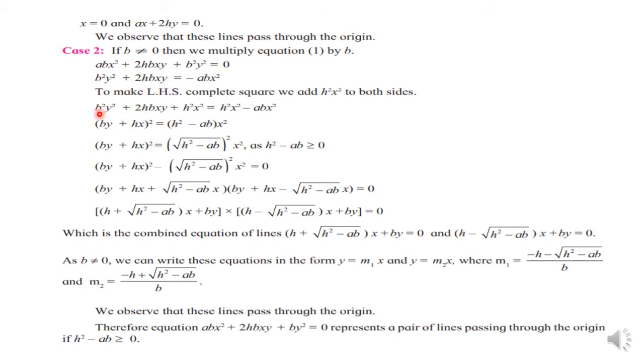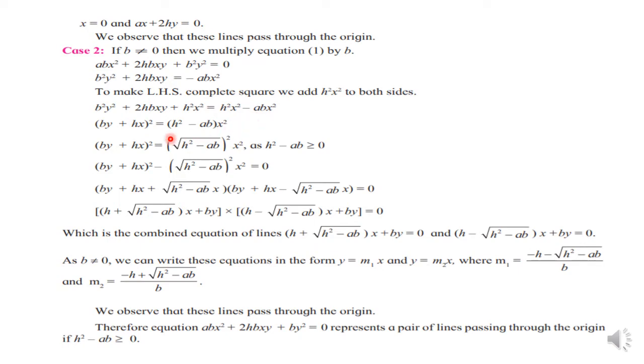Let us try to complete the square on the left hand side. So we add h square x square to both the sides, like this, that is b square y square plus 2hbxy, this was already there. We also add h square x square on both the sides, over here as well as on the RHS.